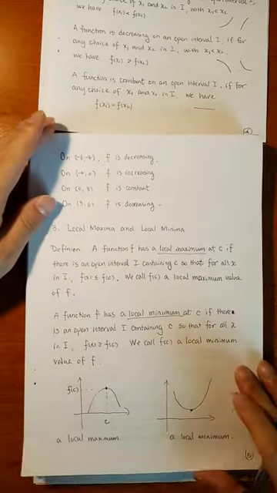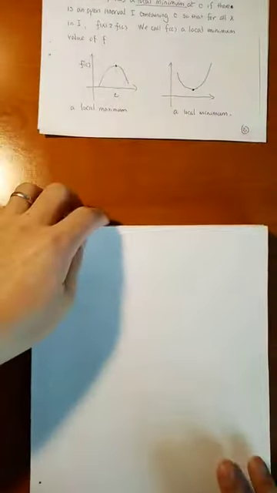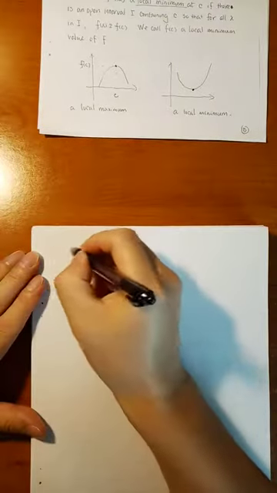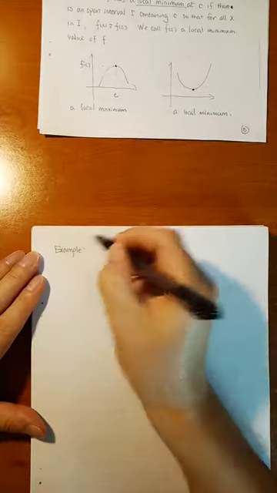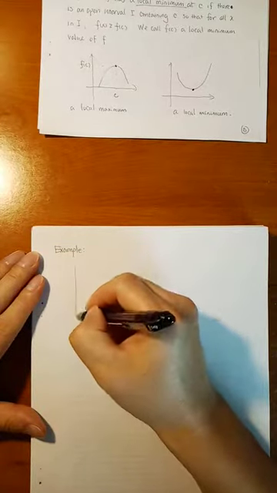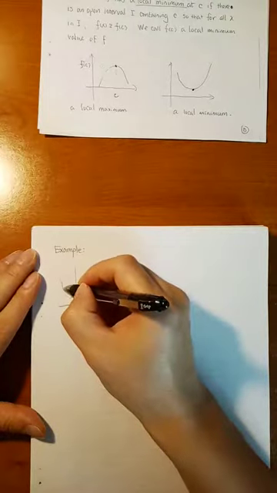Okay, so let's see the example. For example, we have the graph of a function like this. Let's directly have the graph.